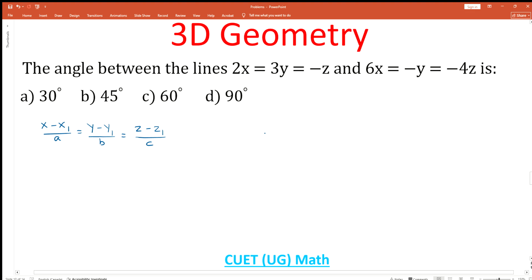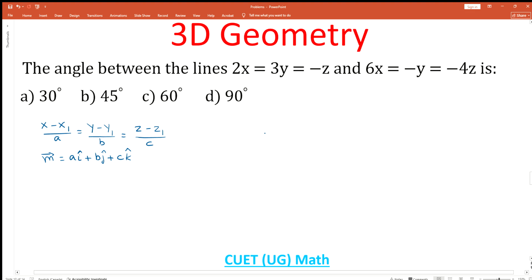So the direction vector for this line is ai plus bj plus ck. This line is parallel to vector ai plus bj plus ck. We should write the two given equations in this Cartesian form or symmetric form.